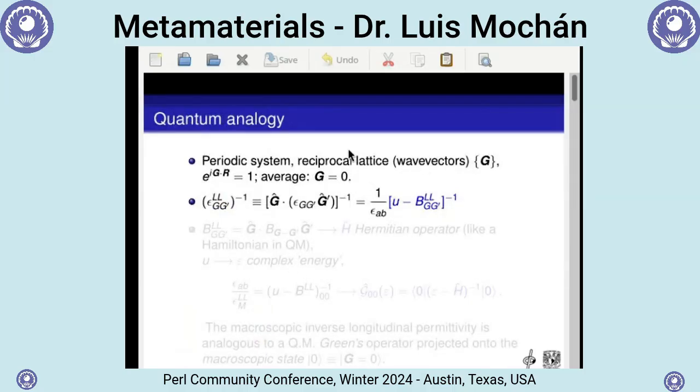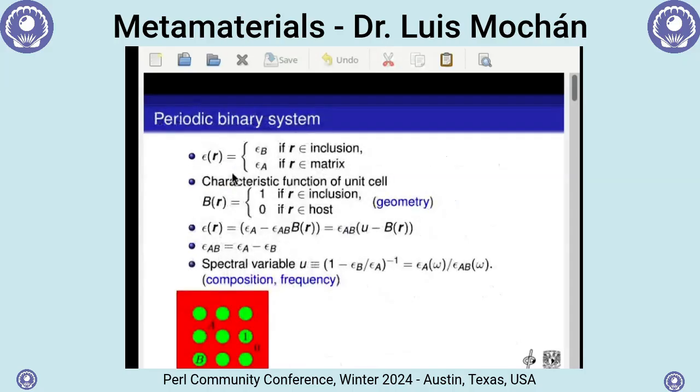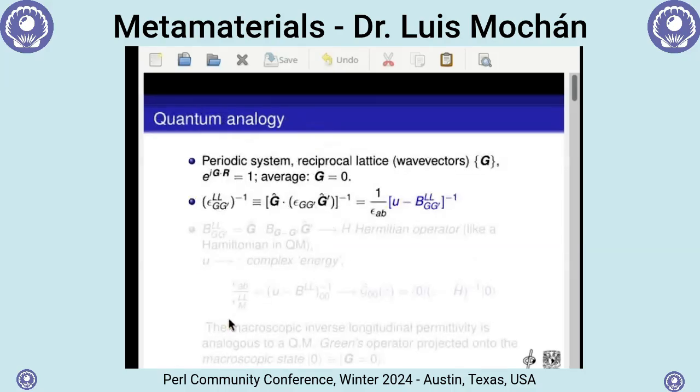So we want the macroscopic response. I'll introduce a periodic system. I'll assume that the system is periodic, so it has a Bravais lattice, a lattice of vectors such that if you move by any of those vectors, for instance a step to the right or a step up in the vertical direction, or two steps one after the other, you end up in a position that is equivalent to the original position.